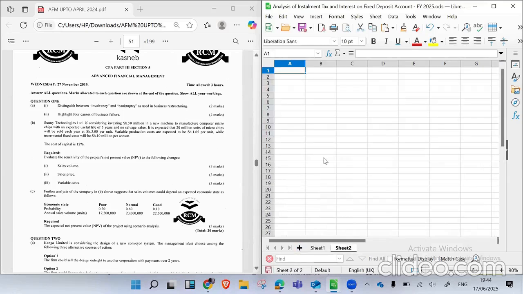The formula is: sensitivity ratio equals NPV of project divided by present value of decision variable.